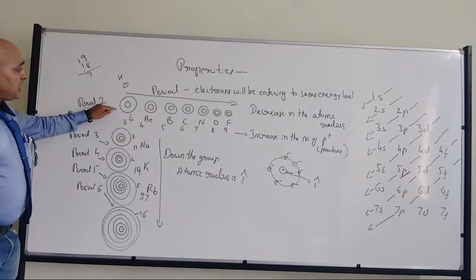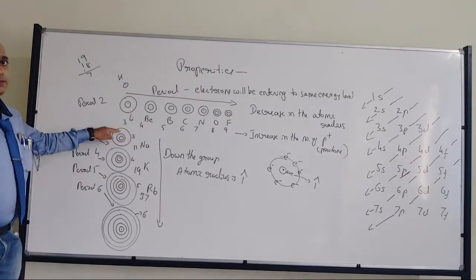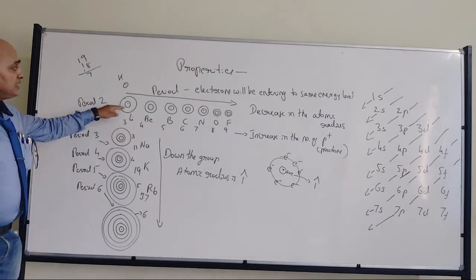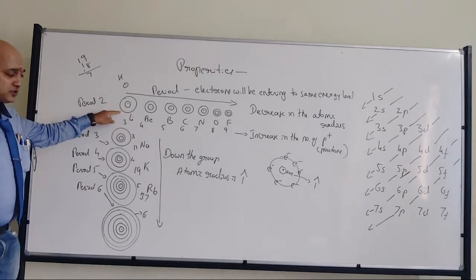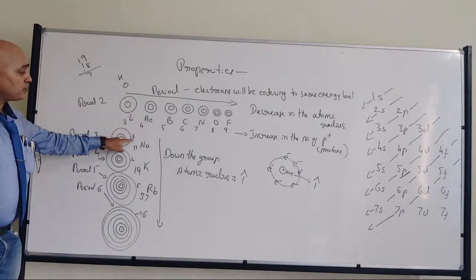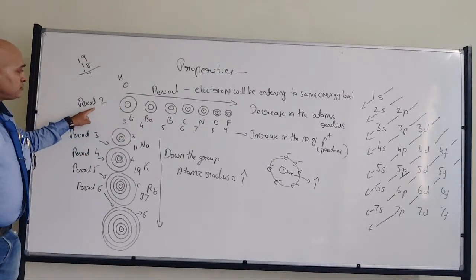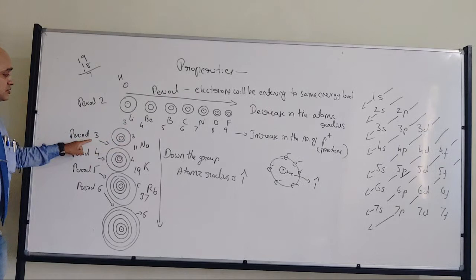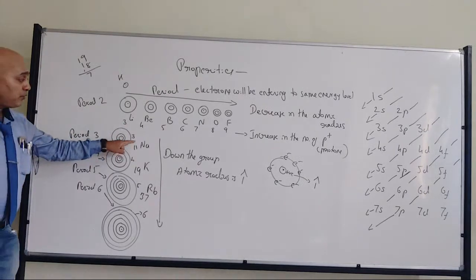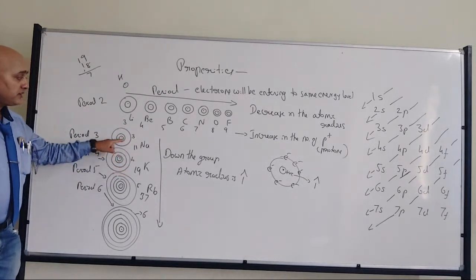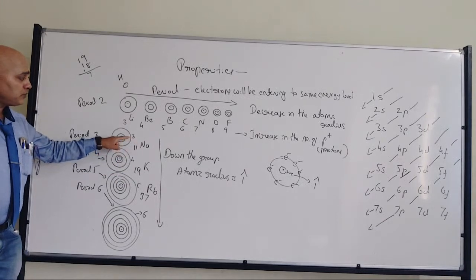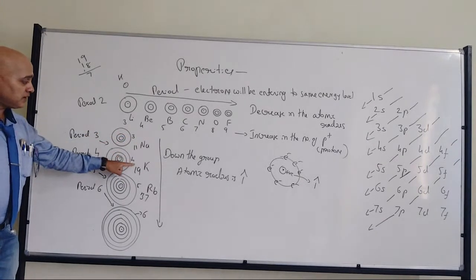When I am moving from lithium to sodium: in lithium, the outermost energy level is 2, but in sodium, the outermost energy level is 3. Due to that, lithium belongs to period 2, sodium belongs to period 3. From sodium to potassium, the outermost energy level is 3 in sodium but 4 in potassium.